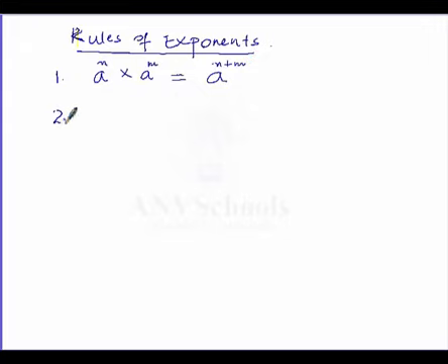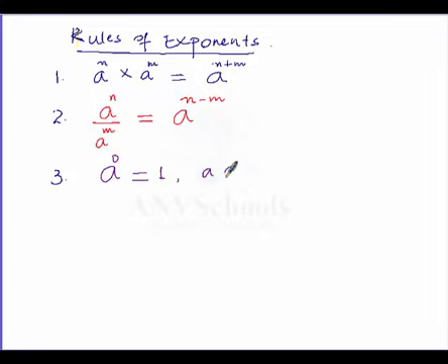The second rule is, if we have a raised to n divided by a raised to m, this can be written as a raised to the difference of the two exponents. The third rule is, a to the power of 0 is always 1 for any a an element of the real numbers.